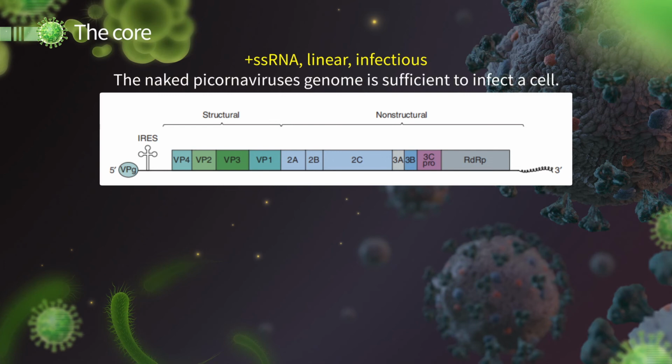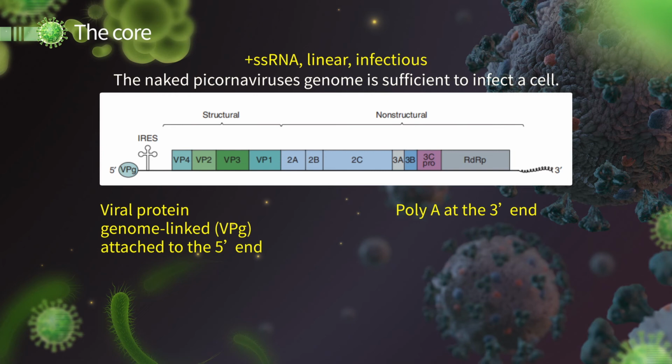The naked picornavirus genome resembles an mRNA and is sufficient to infect a cell. It has a poly-A sequence at the 3' end and a small protein, VPg, viral protein genome-linked, attached to the 5' end.